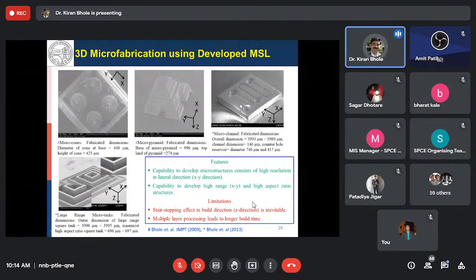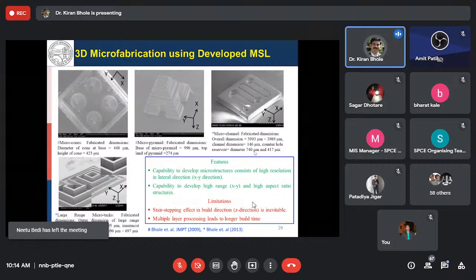But you can see the feature size here, the channel dimension. These channel dimensions are of 146 micron, and there are the counter holes which are of dimension 740 microns and 417 micron. So there are two holes here. The bigger hole is of 740 micron, and the smaller hole is of 417 micron.